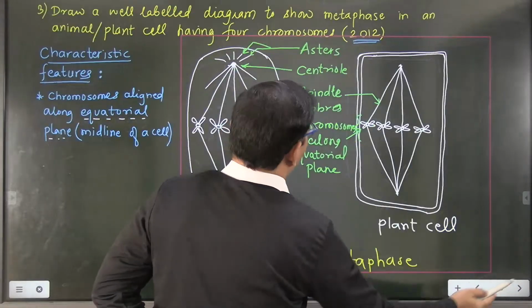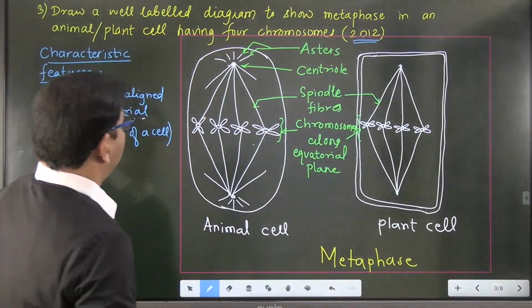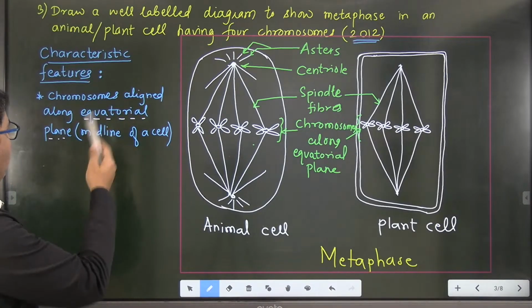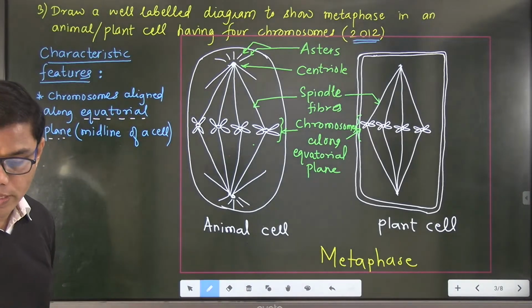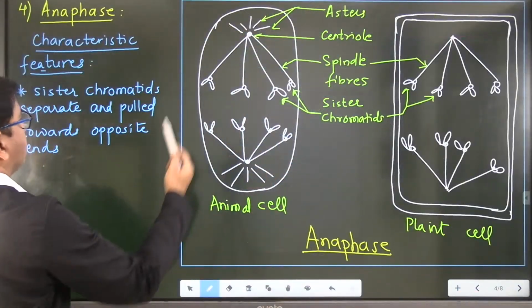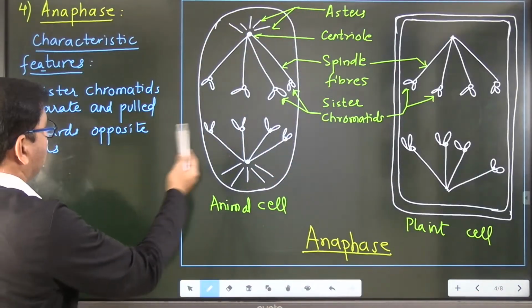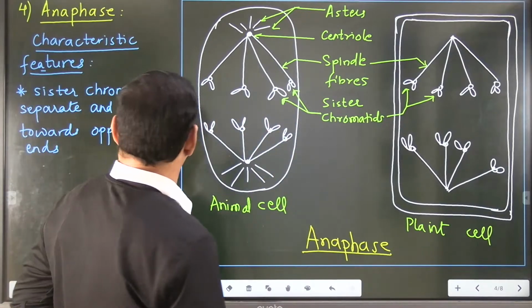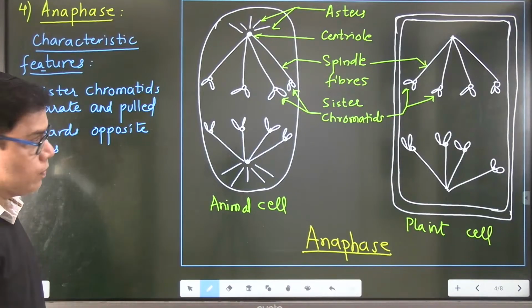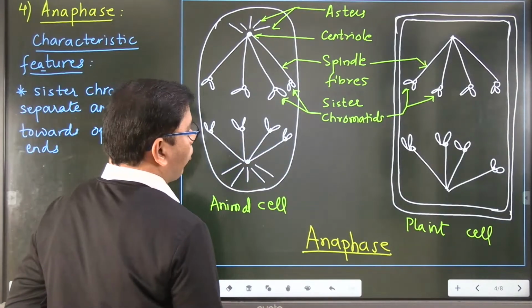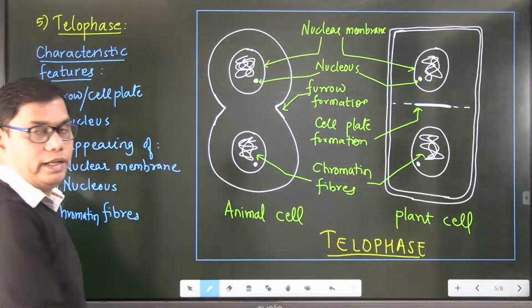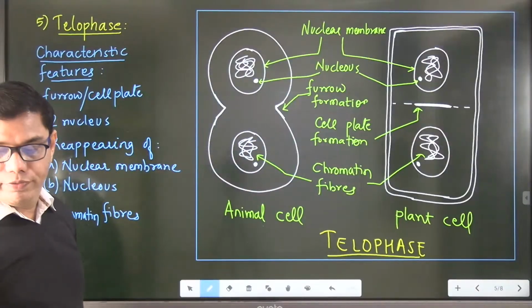Then the second one was metaphase. The characteristic feature is chromosomes aligned along the equatorial plate. Then the third phase is anaphase. Here sister chromatids and chromatin fibers are pulled toward the opposite ends. Then telophase, the different one. Totally different.